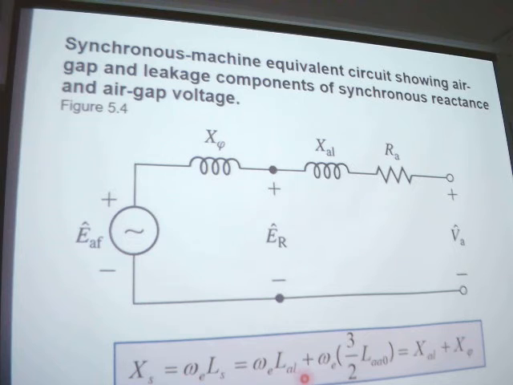The sum of Xφ and XL is XS, the synchronous reactance. Just one inductance divided into two, but they are the same. So it is an alternative form of the equivalent circuit.